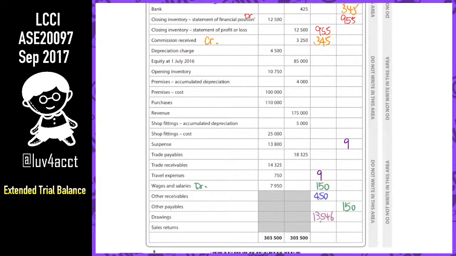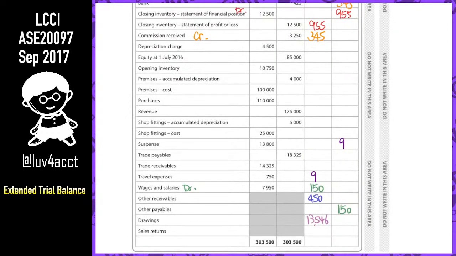13546 and then suspense. 13546. Okay, and that would be plus 9, 13555. 13546 plus 9 is 13555.